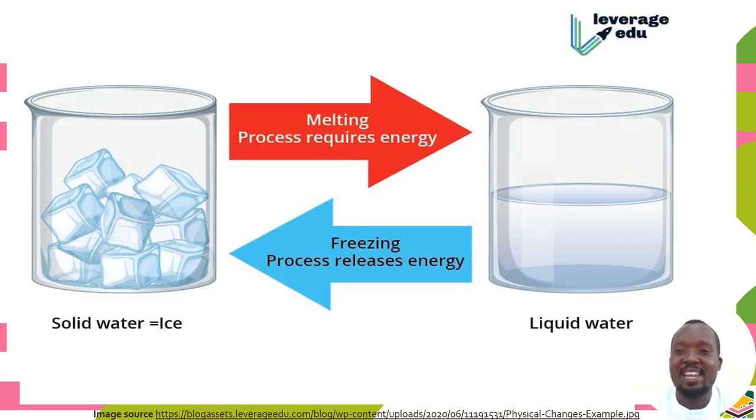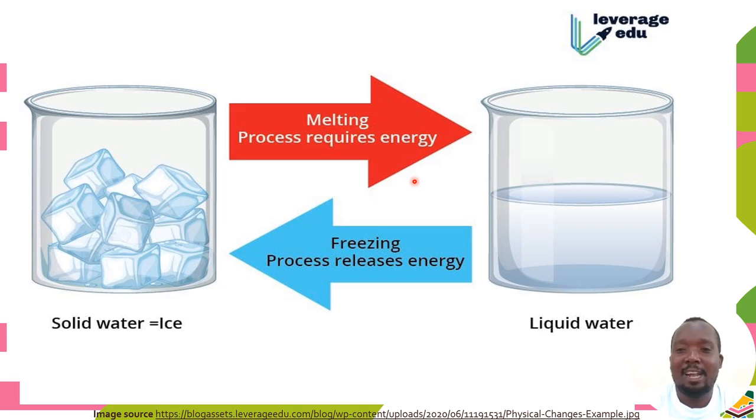So, in melting of ice, as you can see, in the forward arrow, that is the melting process. The melting process requires energy. So you can heat the ice, or leave the ice.